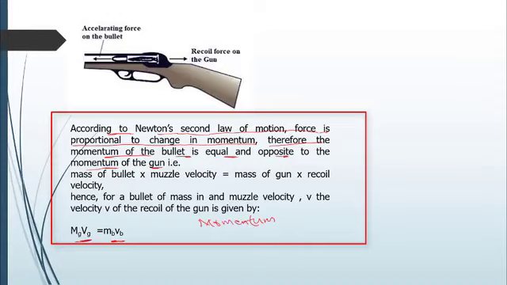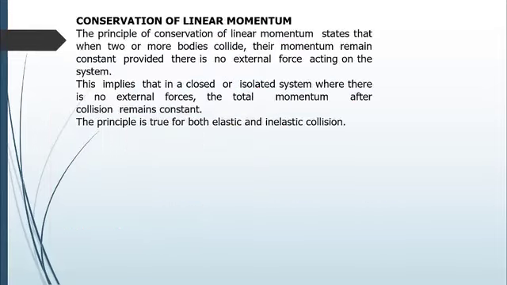What it simply means is that mass of the gun times velocity of the gun is equal to mass of the bullet times velocity of the bullet itself. So this is a clear explanation of Newton's second law of motion.